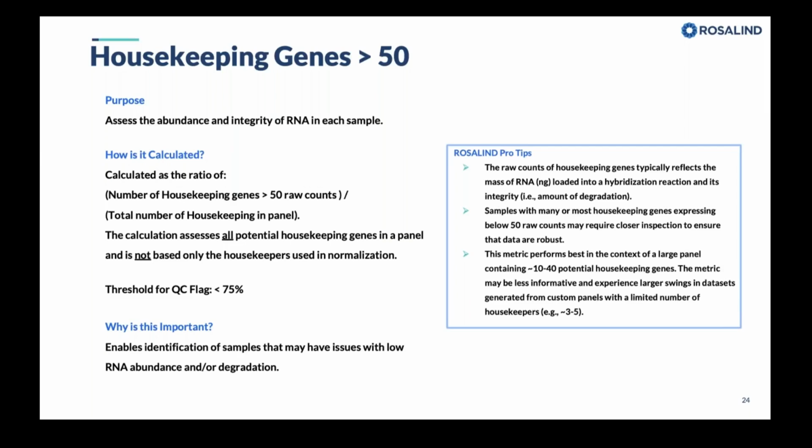Housekeeping genes are historically thought to be constitutively expressed genes that are robust and consistent across all samples and maybe all tissues. That's not always the case, but looking at whether their expression is high or low gives you an idea of how much RNA there is in your sample and whether it's degraded or intact.